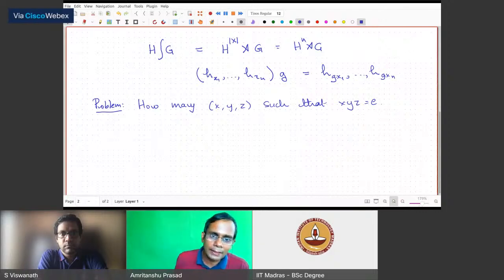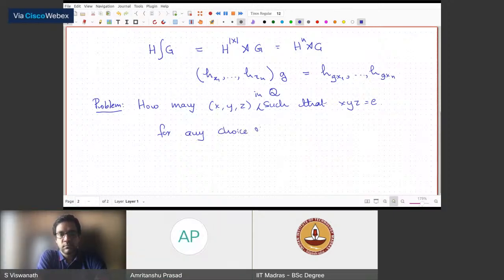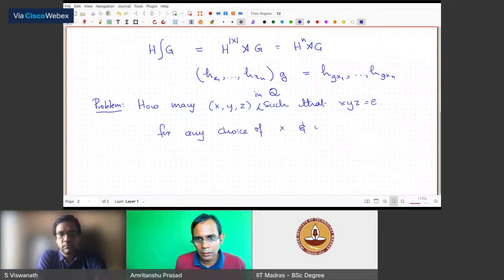And as one of you correctly pointed out on the discussion forum, in the quaternion group you can choose x and y arbitrarily, however you like. You can take z to be (xy) inverse.